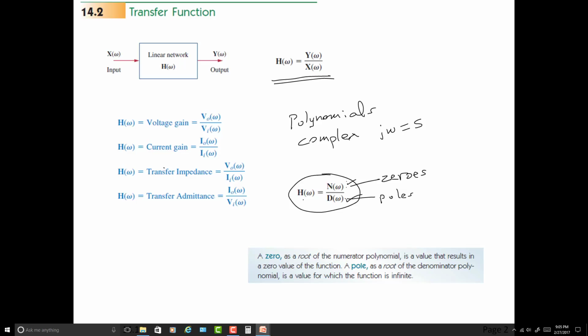Makes the math a little easier, and makes our talking points a little easier. And you can always back up by taking powers of s and substituting in j omega. Nothing got lost there. It's just a little easier to work through that way.